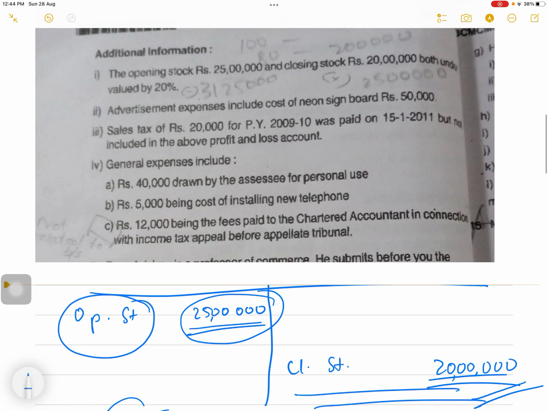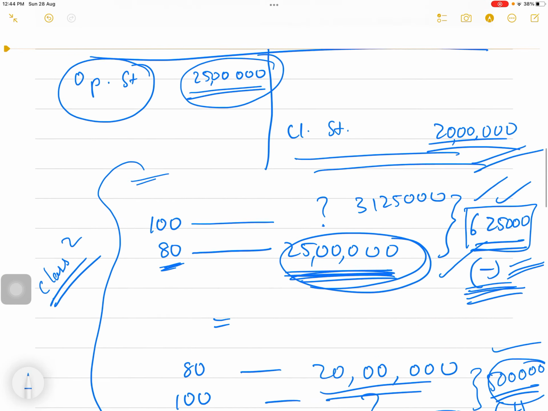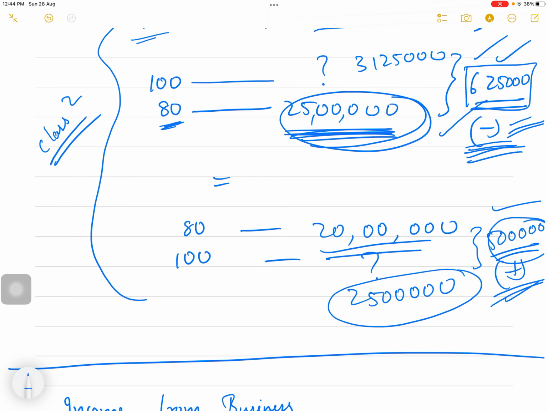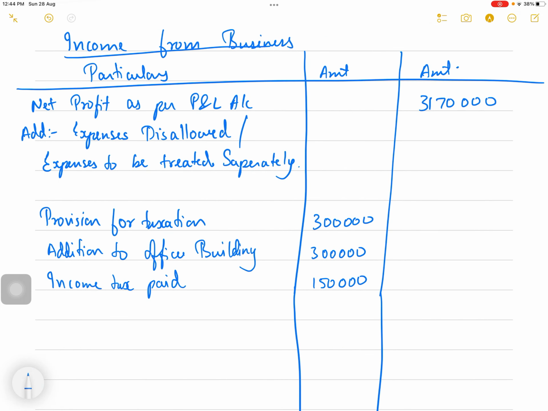Okay. So opening stock, closing stock, which is undervalued. The difference is 6,25,000 and 5 lakh. 6,25,000 you will subtract and 5 lakh you will add. So write closing stock overvalued.